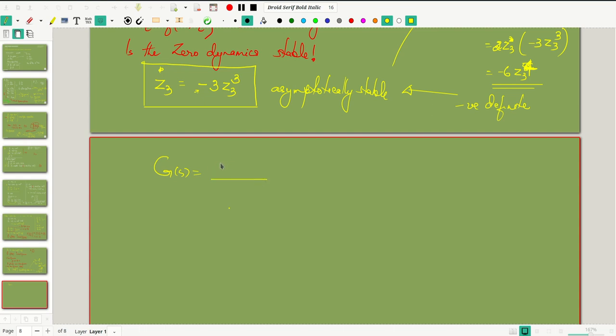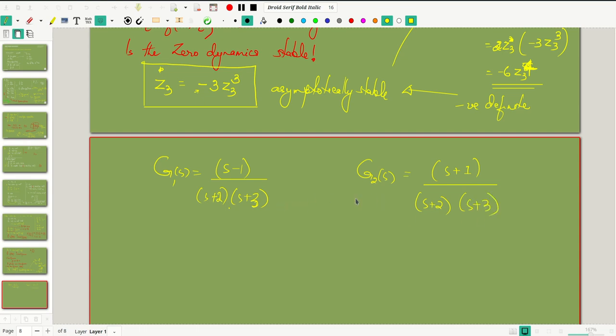I have two systems like this: g1 of s is s minus 1 by s plus 2 into s plus 3, and g2 of s is s plus 1 by s plus 2 into s plus 3.